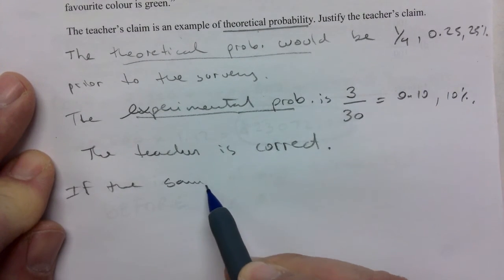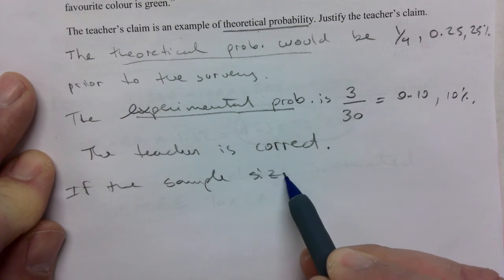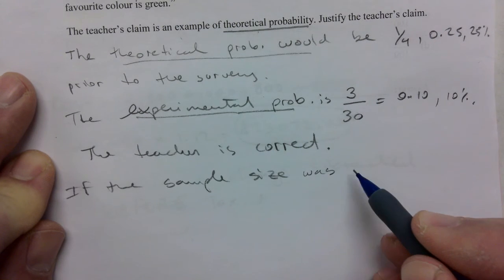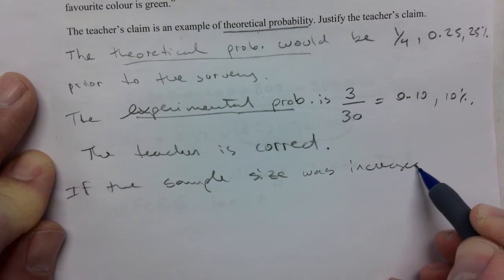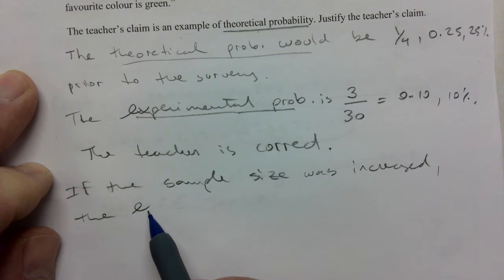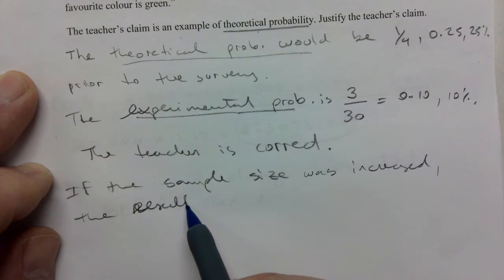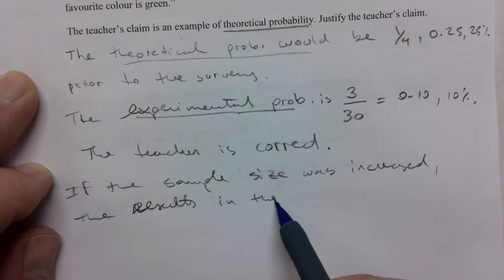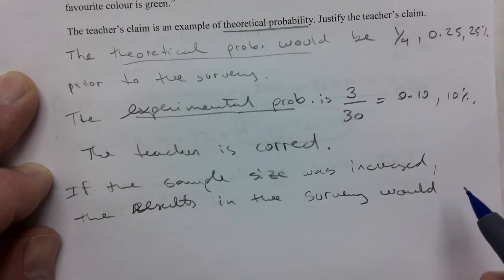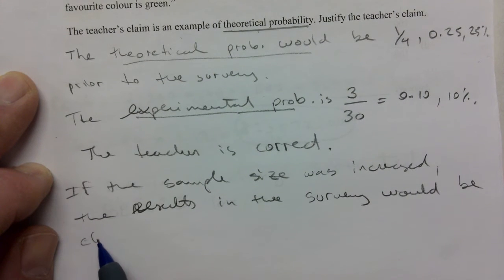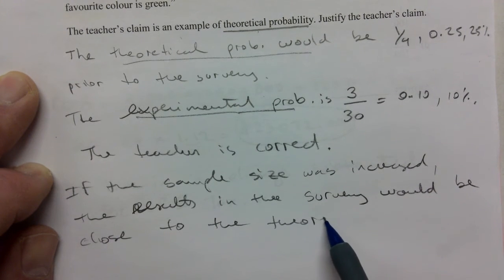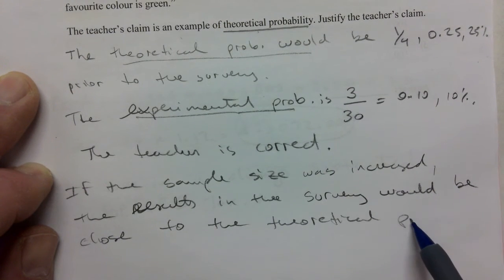If the sample size, this is just another option, was increased, comma, the results in the survey would be close to the theoretical probability.